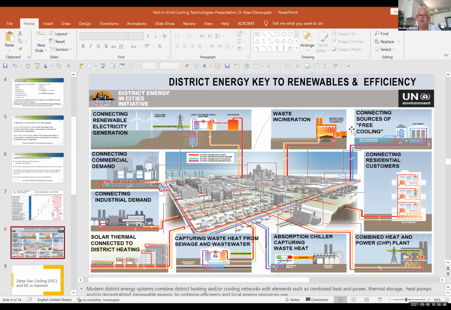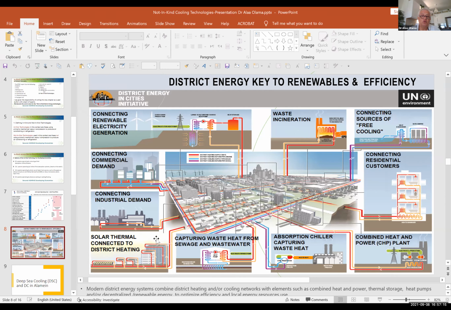It will have connection to a free source of cooling, like it is shown here in this caption on the far right. And it will use waste incineration to fire other systems or to get heating. And you'll have a connected renewable energy generating on one side. And you are connecting the commercial demand with the residential demand, because they are not necessarily happening at the same time.